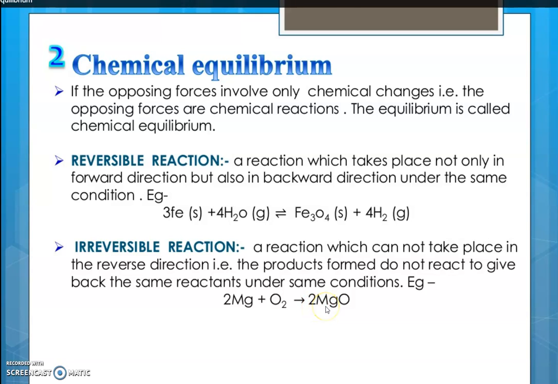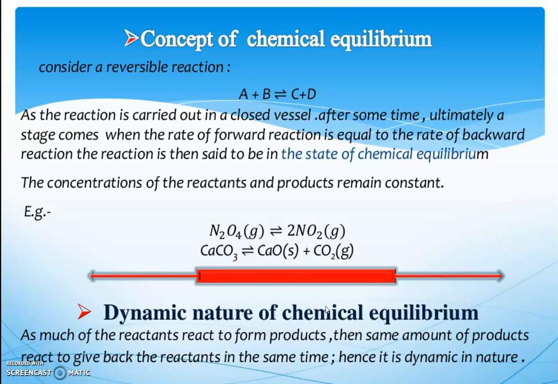In the same conditions, such as the same temperature and pressure, we cannot convert magnesium oxide into magnesium and oxygen. Such reactions are known as irreversible reactions. And there are many other examples from our daily life of reversible and irreversible reactions.